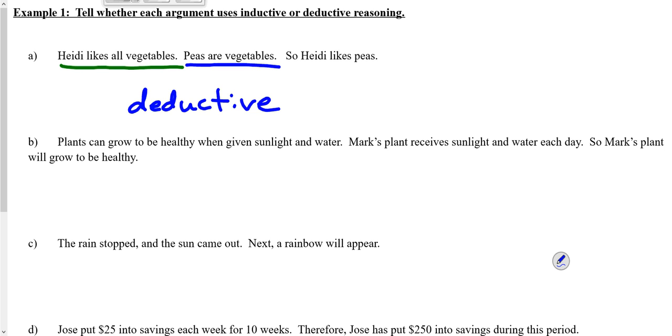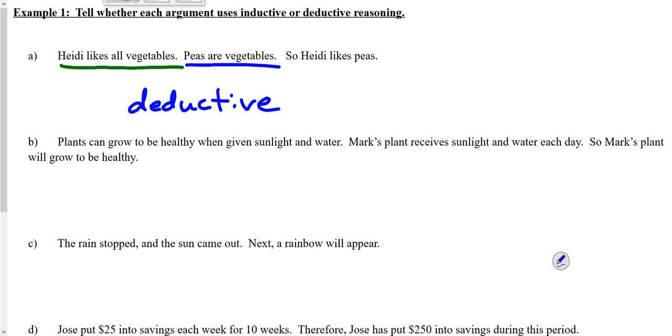The important thing to note whenever you look at this is it says plants can grow to be healthy when given sunlight and water. So it's even saying in this statement that plants don't always grow to be healthy when given sunlight and water. So saying that Mark's plants receive sunlight and water each day is not guaranteeing that Mark's plants will grow to be healthy.